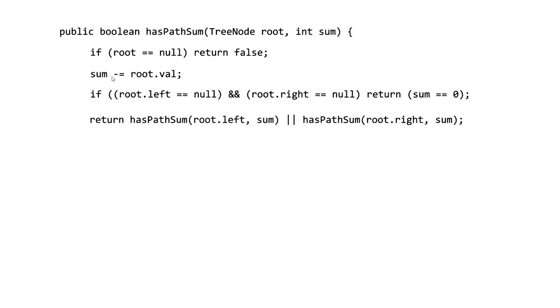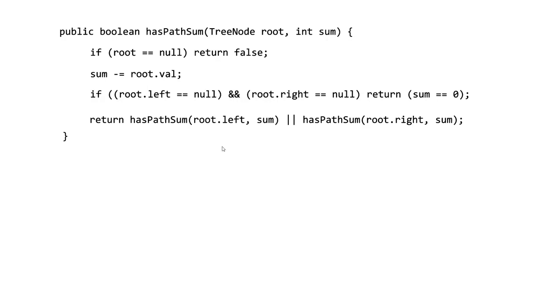So as we decrease the value of sum, we pass that into the next instance of hasPathSum. Or hasPathSum root.right and pass in the sum. Now this can be a little confusing because you're basically saying, pick one, either this one or this one. But we'll always do what's on the left of the or sign first. And that is pretty much it.